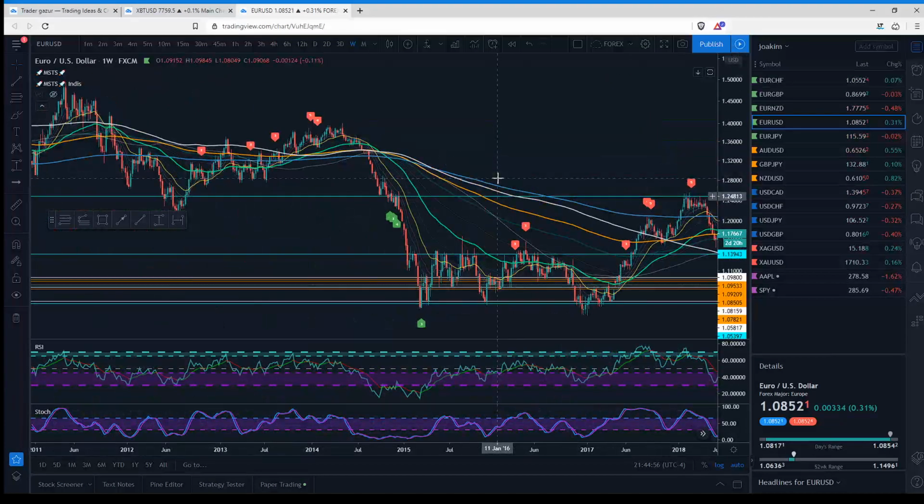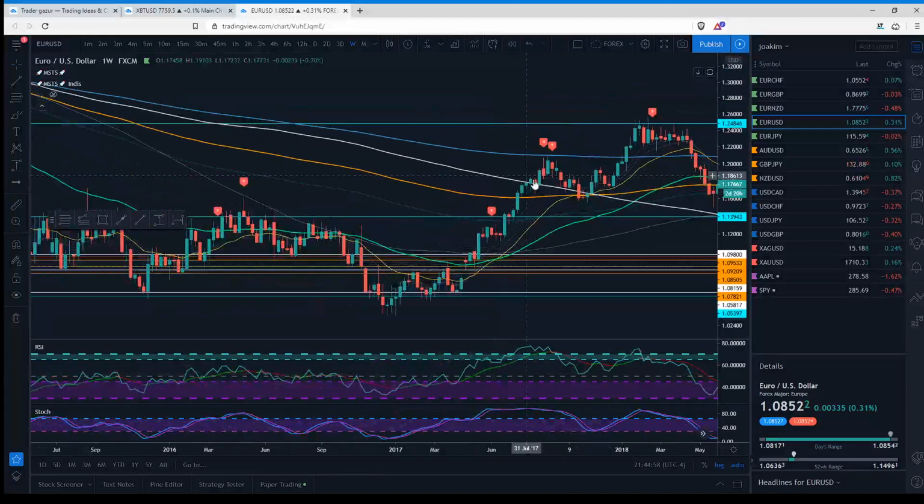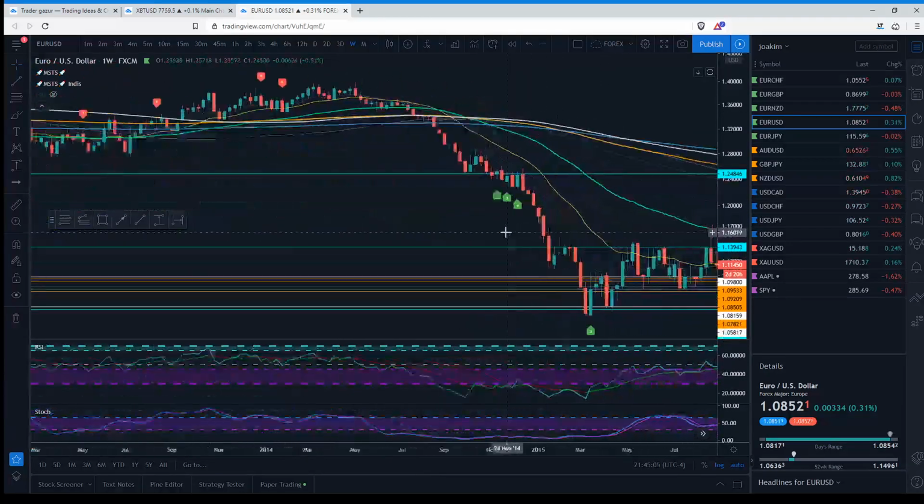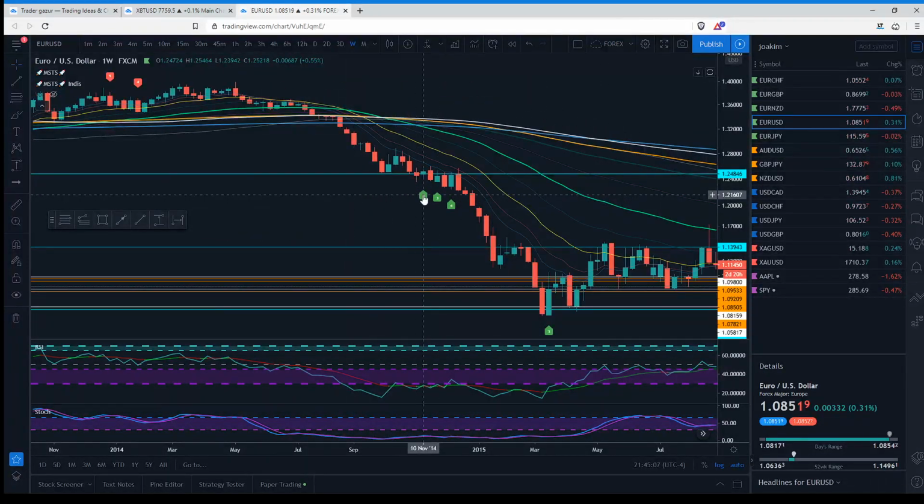What is this? Reversal candle. This could have been played again up till here. Let's see, was this a fake out? Yes, a nice fake out, which you would have bought right here.